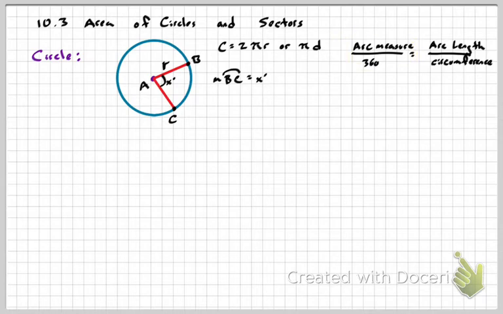So arc measure is a certain percentage of 360 because 360 is the entire arc measure. And then arc length of BC is a certain percentage of the entire circumference. And that percentage is equal in both of those ratios, and that's why we can make these equations equal.